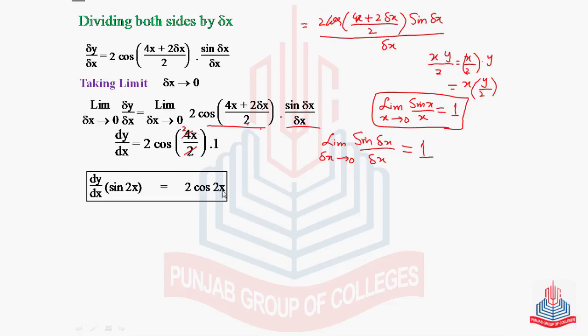So the derivative of sin 2x, sorry, this is not y, we have d by dx of the function, the value of y actually, so y will not appear here, that is sin 2x, and this will become 2 cos 2x.